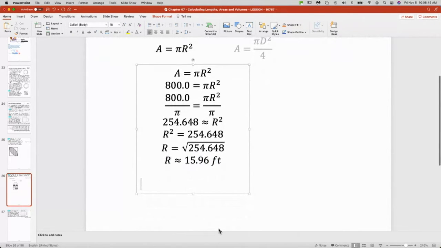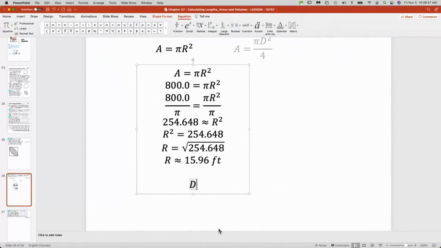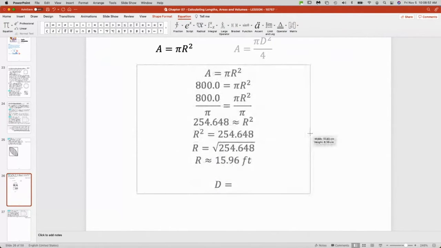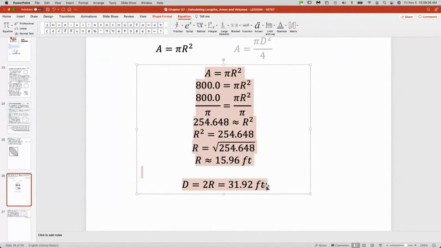How do you find the diameter? Anybody in the chat? Thank you. I'll just say here 2r, and I'll do it on my calculator. I get 31.92 feet.